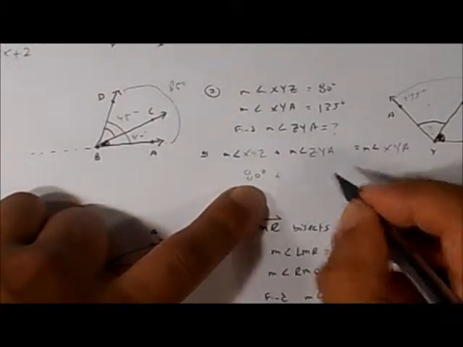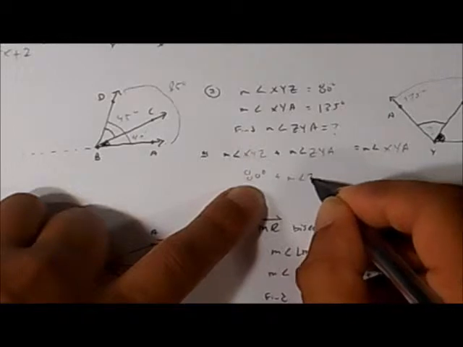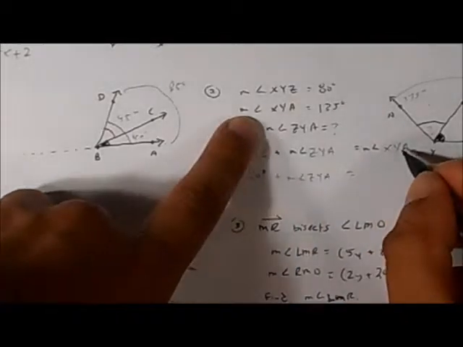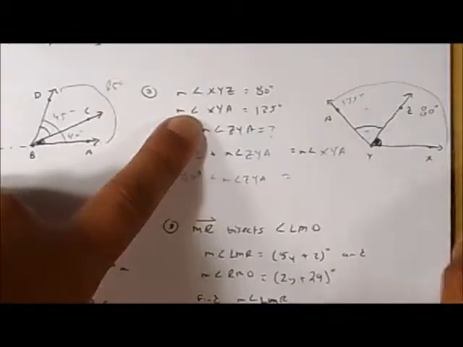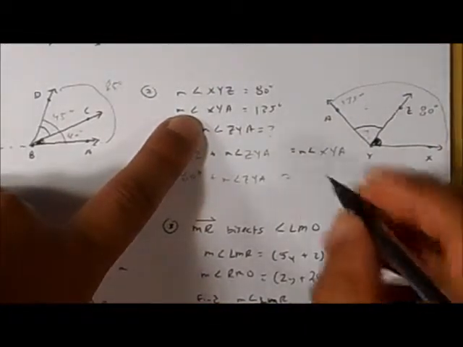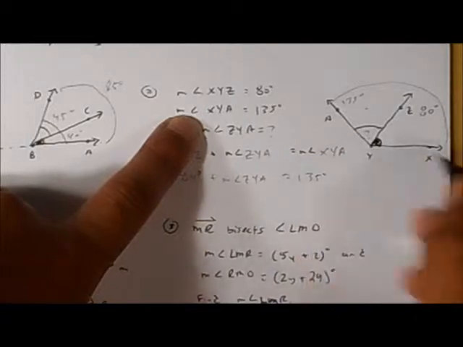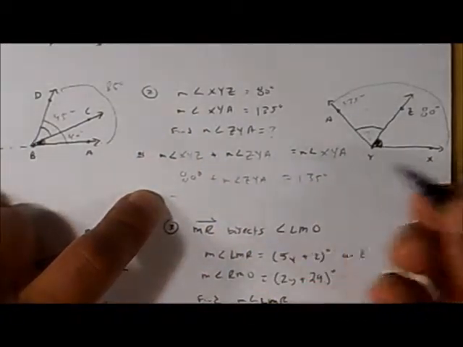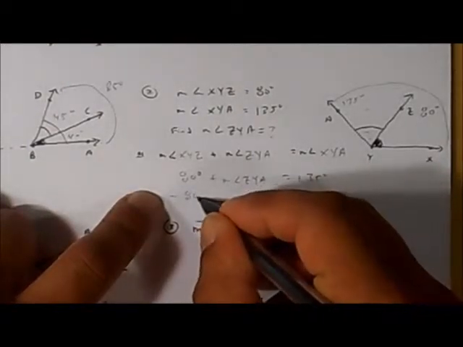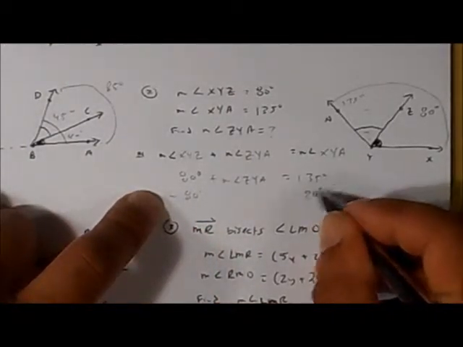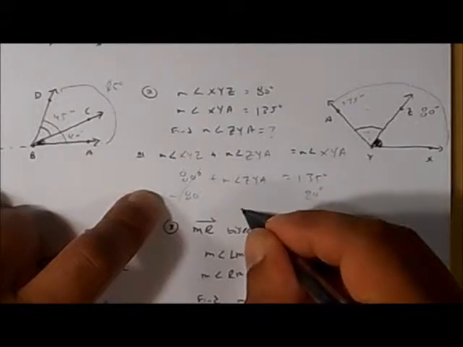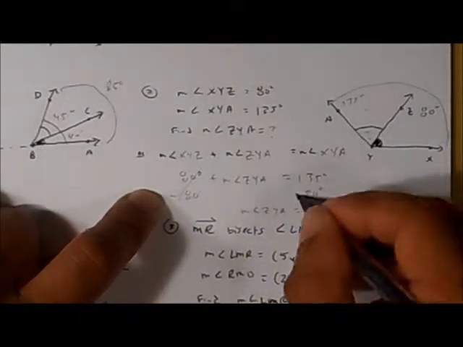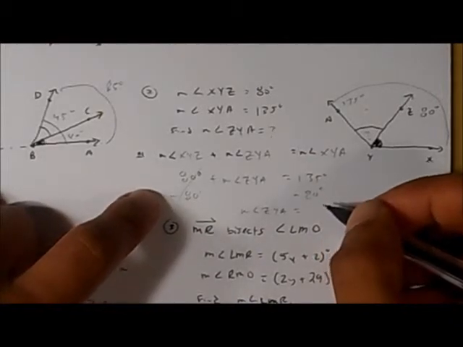We don't know what it is. The measure of angle XYA is 135 because that was given, and by looking at our picture here. Okay, so let's start solving for ZYA. Minus 80 from both sides to get this to cancel out. The measure of ZYA is equal to, what's 135 minus 80?